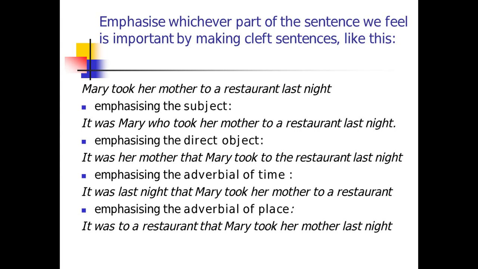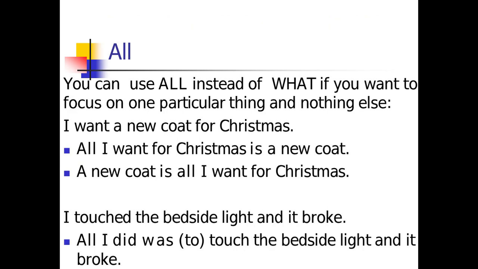So it depends on you which part of the sentence you would like to give more emphasis. Then you write it, okay? But look at the sequence: it, verb to be, the word that you want to emphasize, who, that, and the complement, okay? This is the structure.